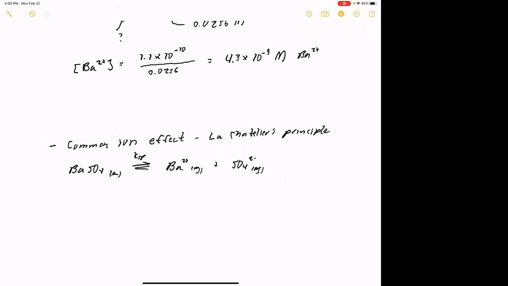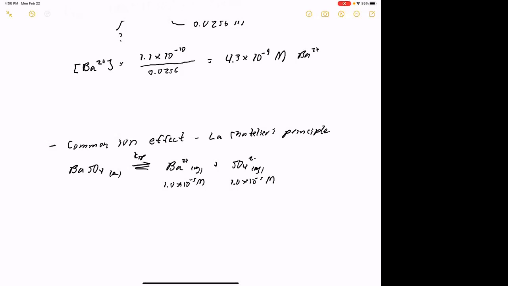Now, if we go back to example number 1, if we throw some solid barium sulfate in there and let it come to equilibrium at 25 degrees, we know we're going to end up with a mixture of barium ion and sulfate ion. And we calculated what their concentrations would be: 1.0 times 10 to the minus 5th molar, and also 1.0 times 10 to the minus 5th molar, because I make equal amounts of both. That comes from example number 1. Now, here's the question.